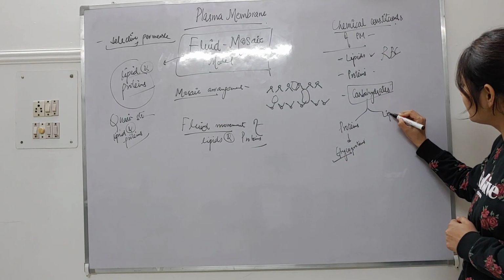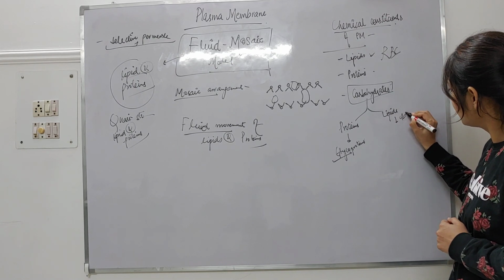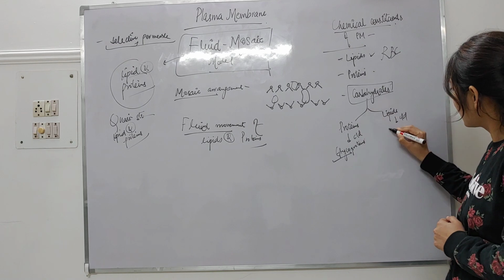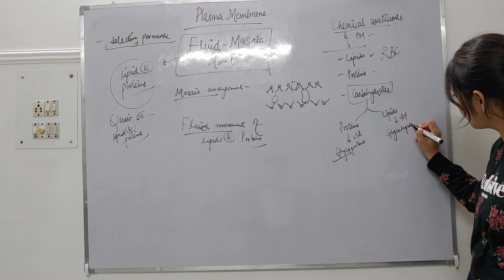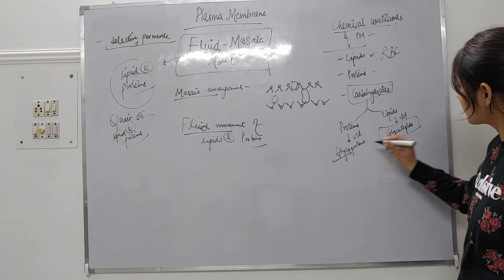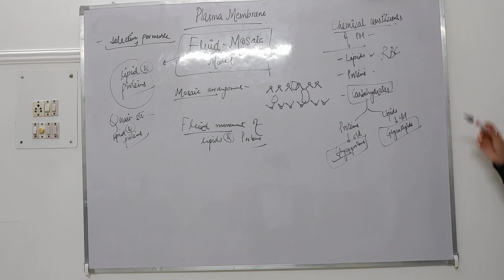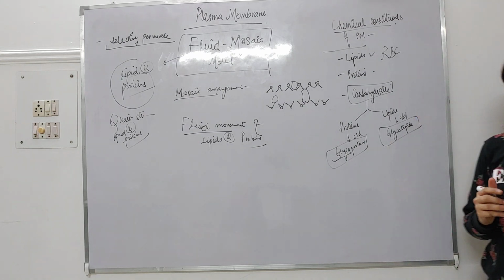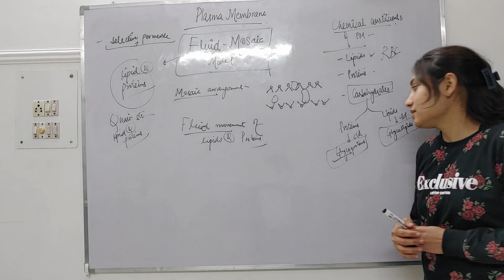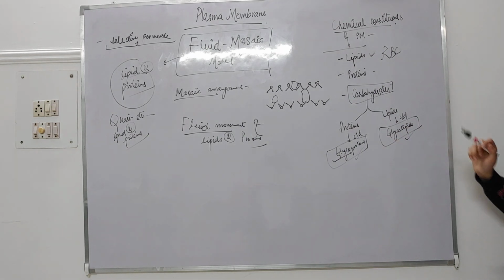When they are present with lipids, they are called glycolipids. So the chemical constituents of plasma membrane are lipids and proteins, and carbohydrates are also present, which we call glycoproteins or glycolipids.